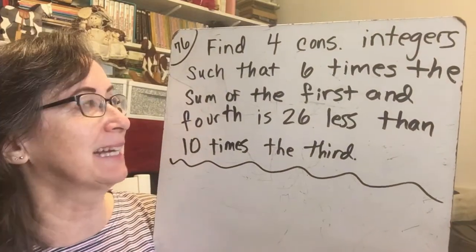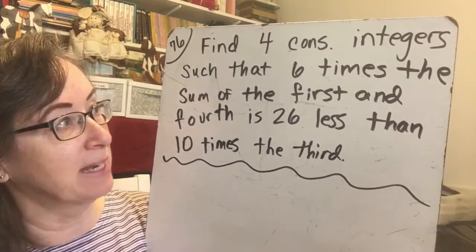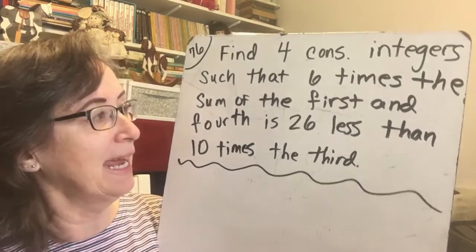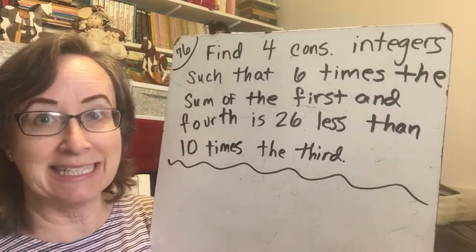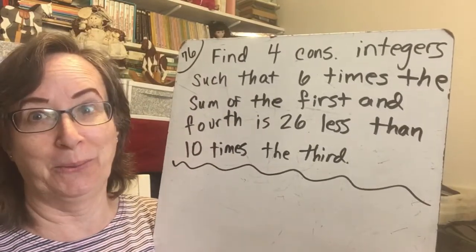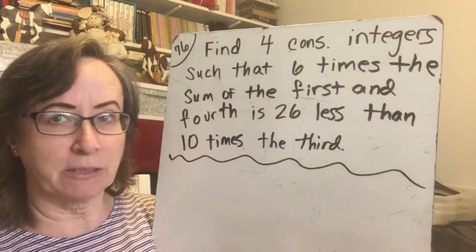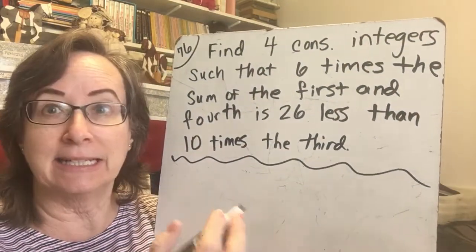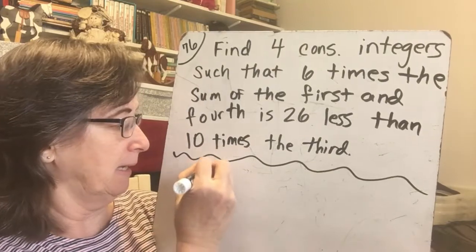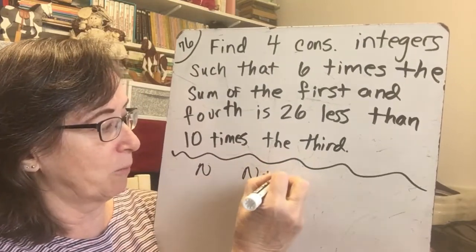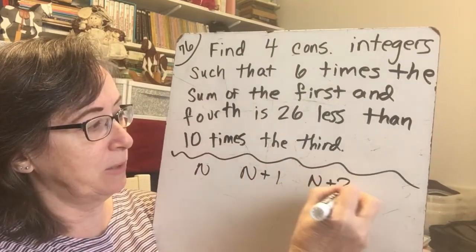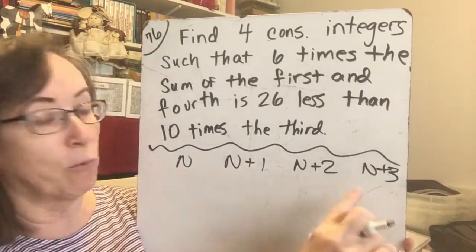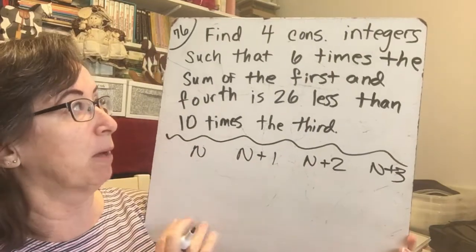Find 4 consecutive integers such that 6 times the sum of the first and the fourth is 26 less than 10 times the third. Okay, so first of all, so we don't get confused, 4 consecutive integers. Let's go ahead and decide how to model those. So n, n plus 1, n plus 2, n plus 3. Those would be the 4 consecutive numbers, and that's how we model them.